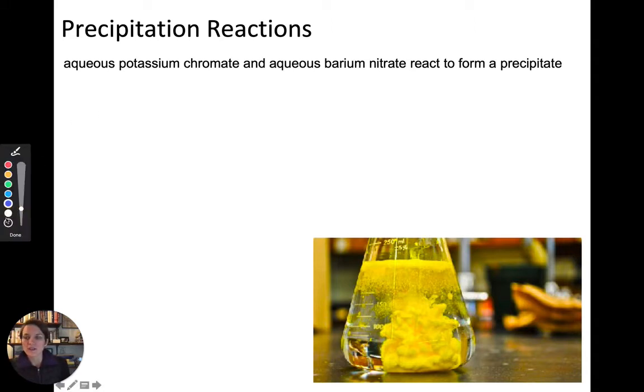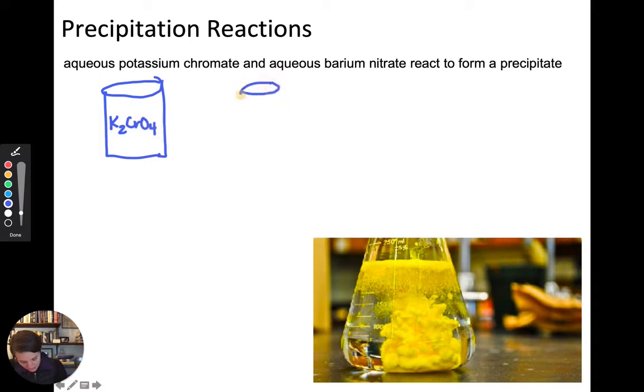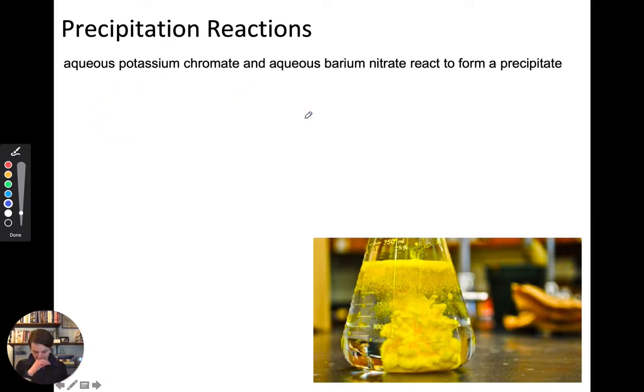So again, you want to think of that from the context of, okay, we have one container of potassium chromate, and we have another container of barium nitrate, and we combine those 2 containers and we have this precipitate that forms.